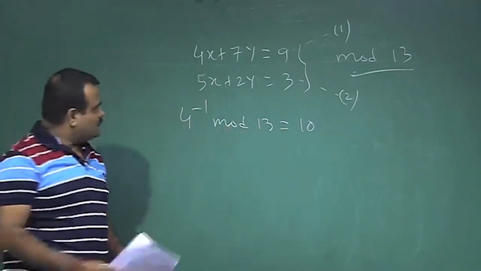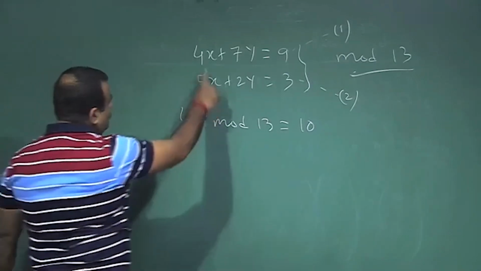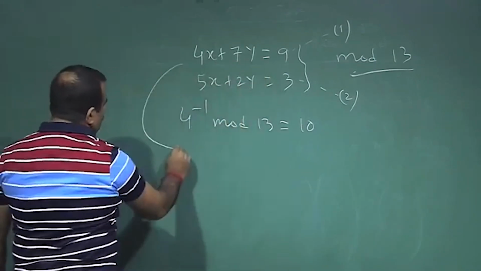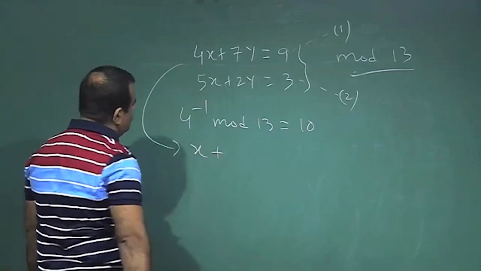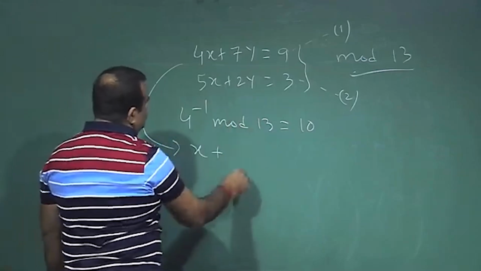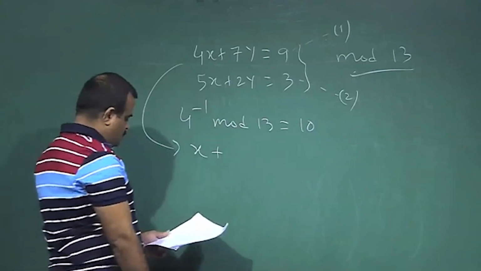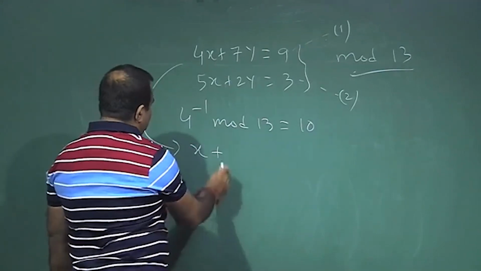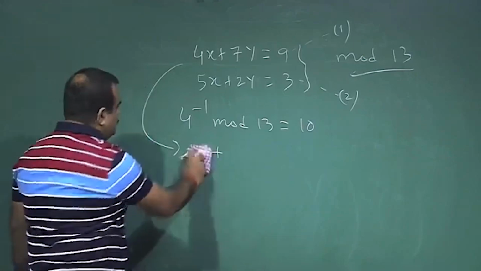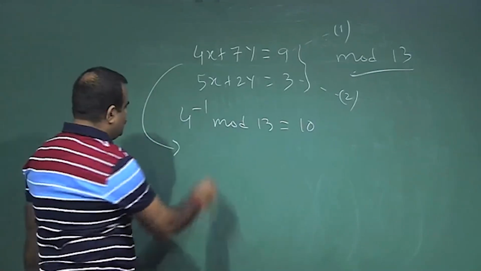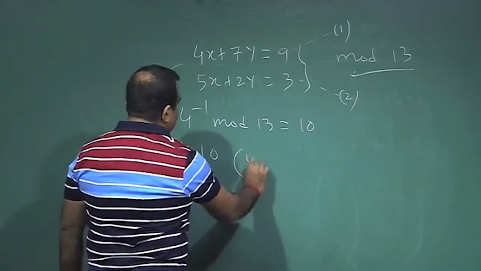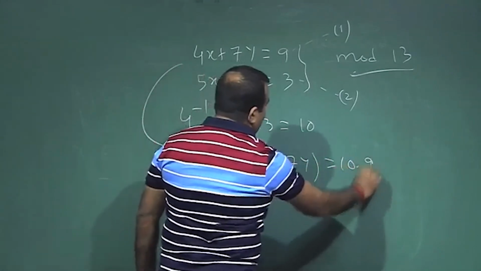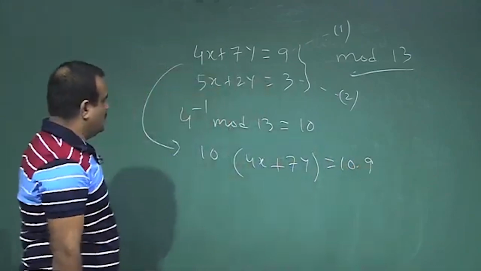So we multiply this equation by 10: 10 into (4x plus 7y) is equal to 10 into 9, and every operation is under mod 13.